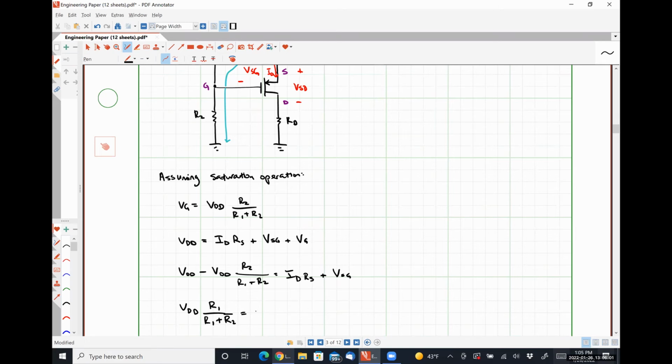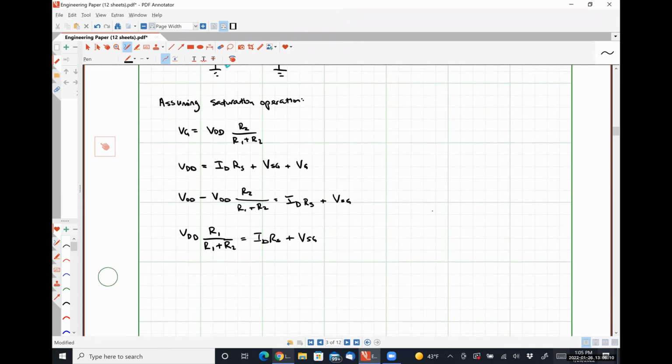So this is going to be equal to ID RS plus VSG, and now I'm in a place where I can easily do some algebra and figure out what ID is in terms of all that other stuff.